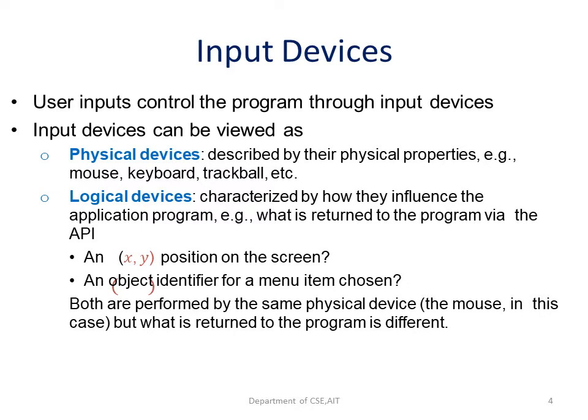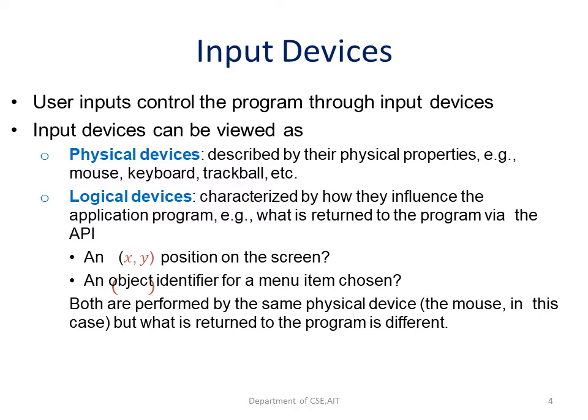In computer graphics, the use of logical devices is somewhat more complex because the forms that the input can take are more varied than the strings of bits of characters to which we are usually restricted in non-graphical applications.